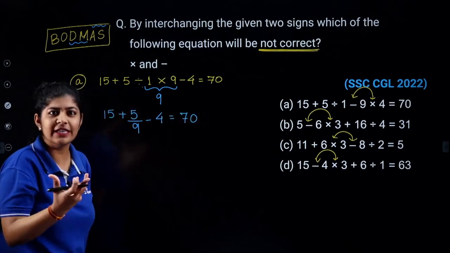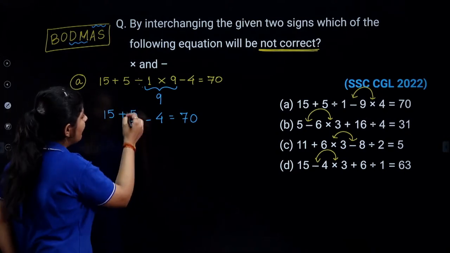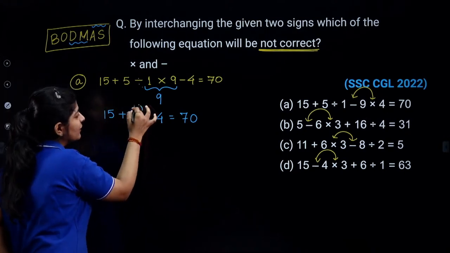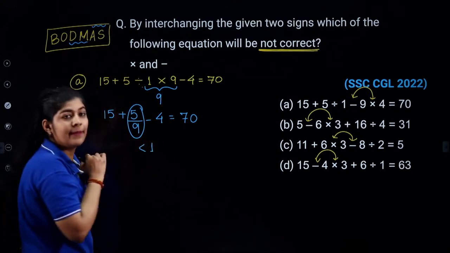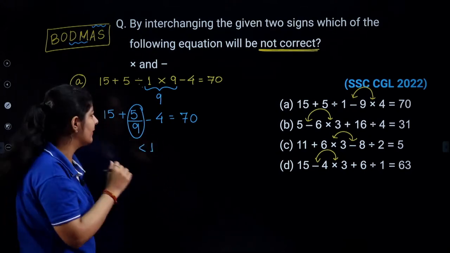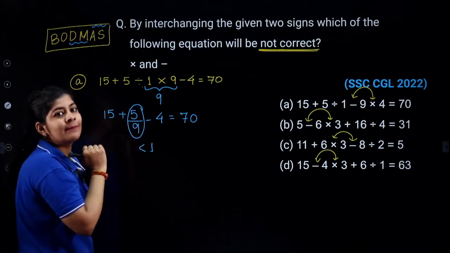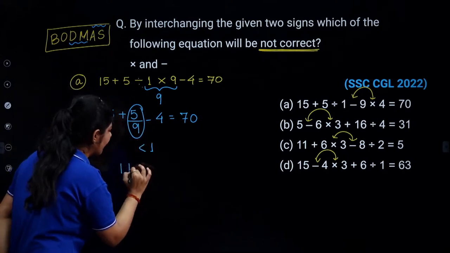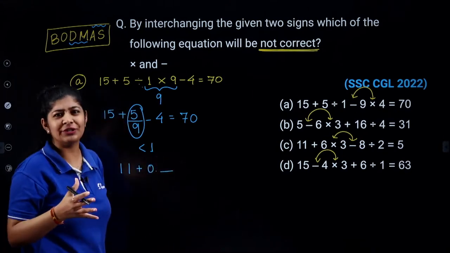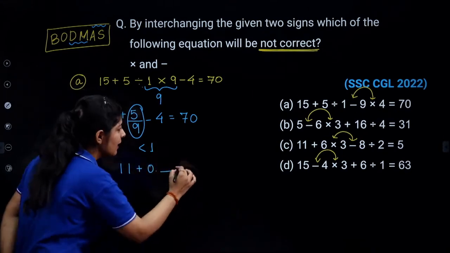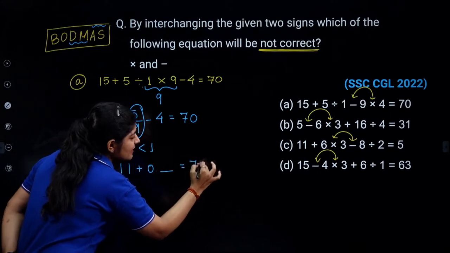We need to check whether it is correct or not. When I solve this one, I know that I am getting an answer which is less than 1. And for 15 minus 4, I am having 11 plus 0 point something. There is no need to solve the complete value, and it is given as 70.